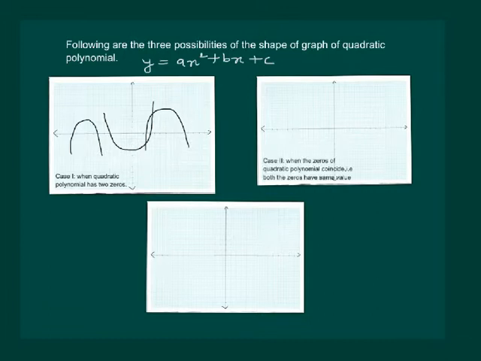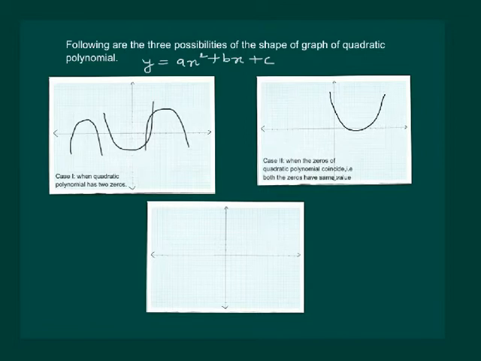The second case is when the zeros of the quadratic polynomial coincide, that is, both the zeros have the same value, or in other words, there is only one zero of the quadratic polynomial. Then the graph will touch the x-axis at only one point.